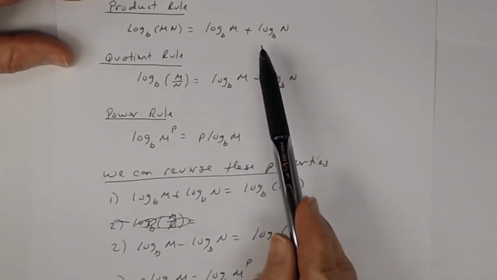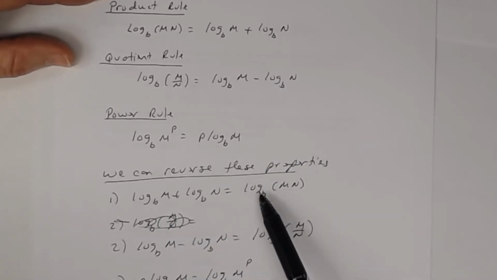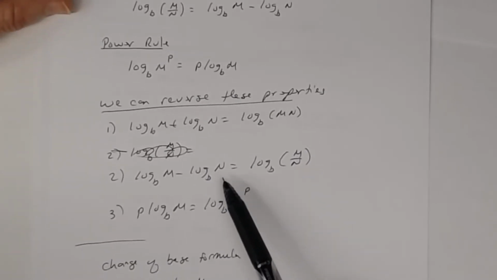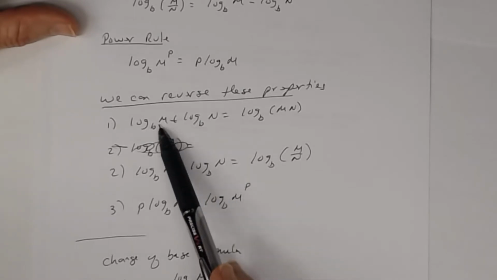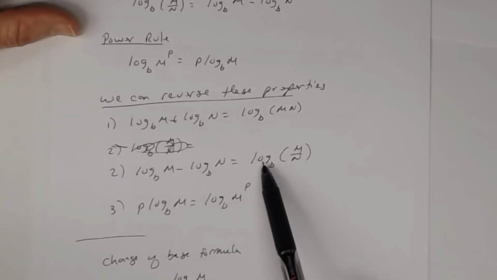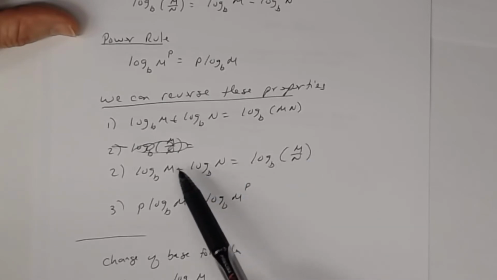So you see that property number 1, where it had the sum of two logarithms, you can write it as a single logarithm, the log of a product, because that's a sum. Secondly, the difference of two logarithms. Now remember though, they have to have the same base, so keep that in mind. You have to have the same base for these properties to apply. So for a difference, you can write it as the log of a quotient, m divided by n.